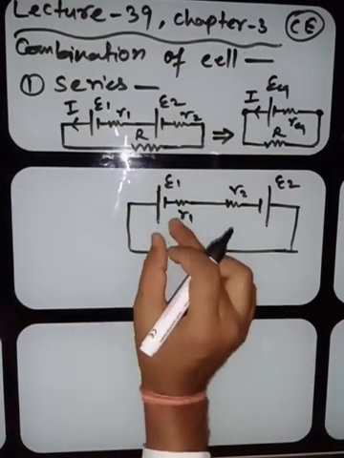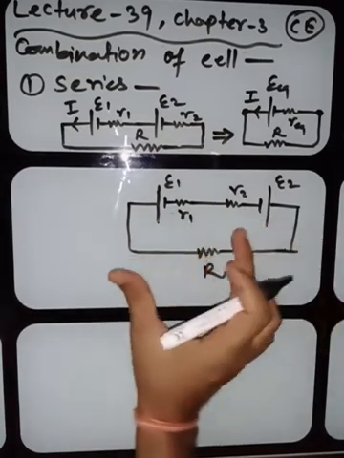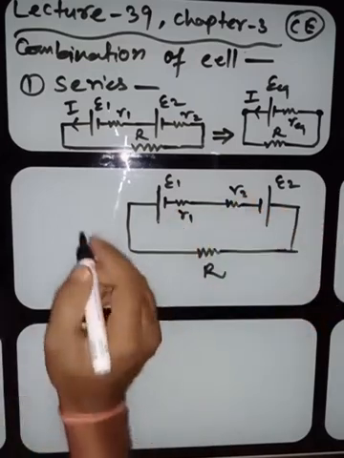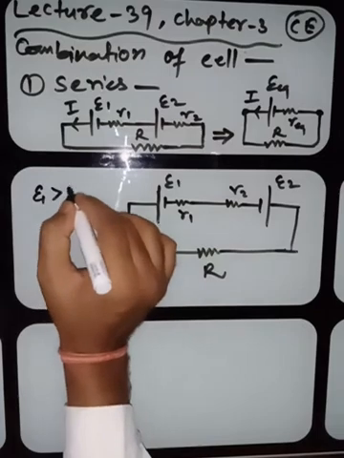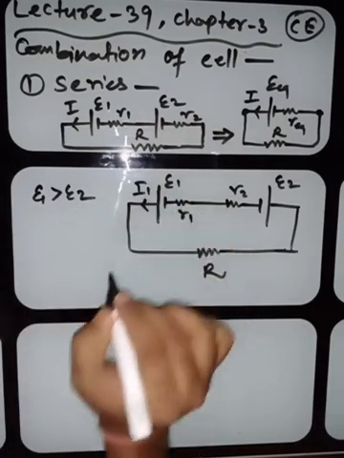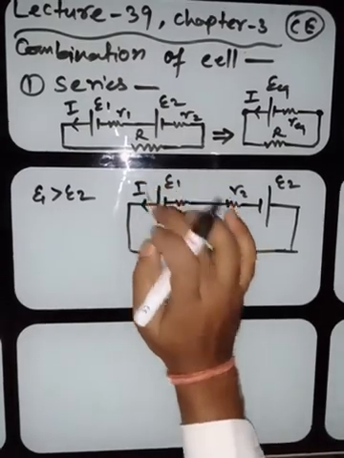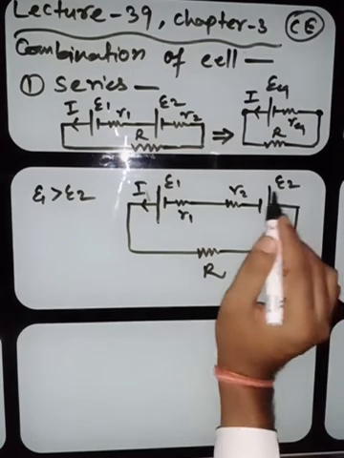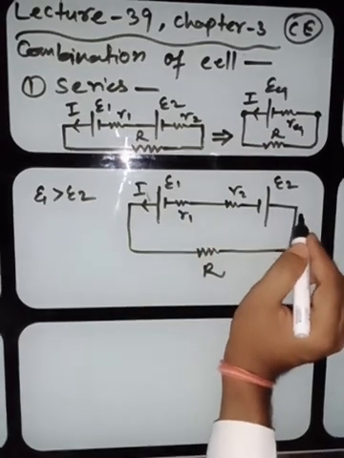If you flip any one cell, first you have to see which one is the mother cell. If E1 is greater than E2, then current will start moving in this direction. Sorry. If this one is the mother cell, meaning EMF E2 is greater than E1, then current will move from this side.